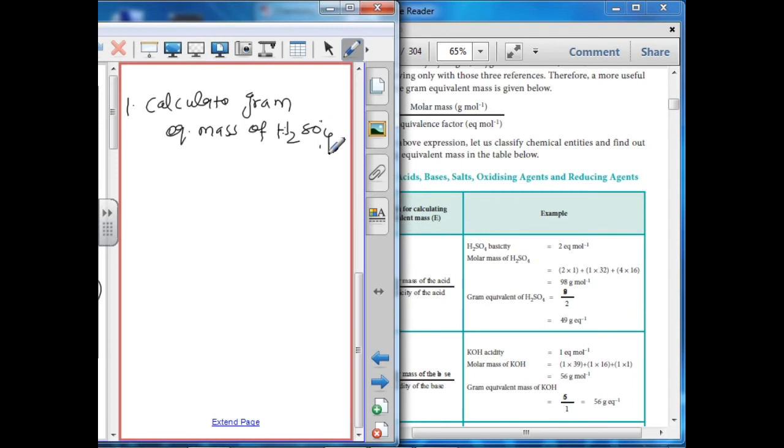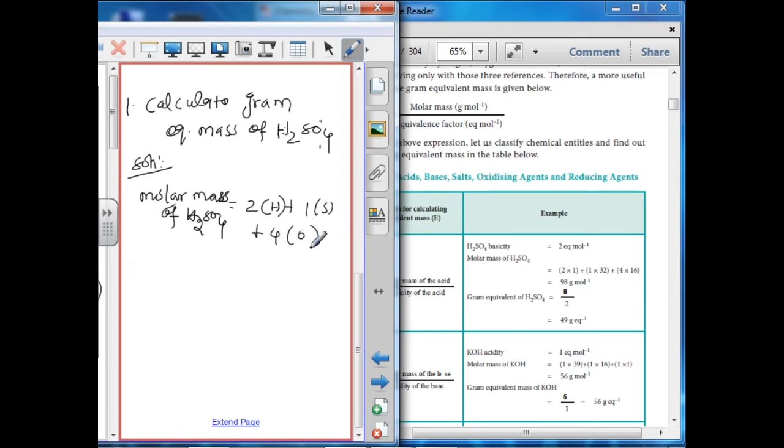So first calculate the molar mass of sulfuric acid. Equal to 2 atoms of hydrogen plus 1 atom of sulfur plus 4 atoms of oxygen.